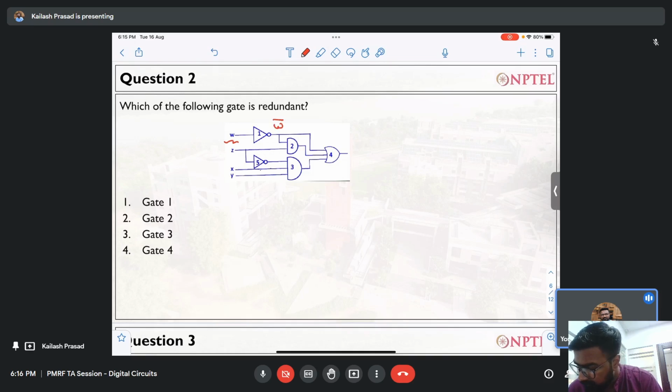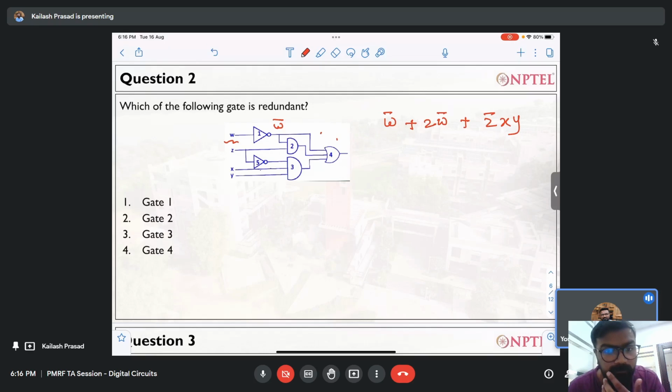And this W bar is going here. So what is the input of these two gates? Z plus W bar, sorry, ZW bar. Then after this, what I will have is Z bar XY. I hope my expression is correct.